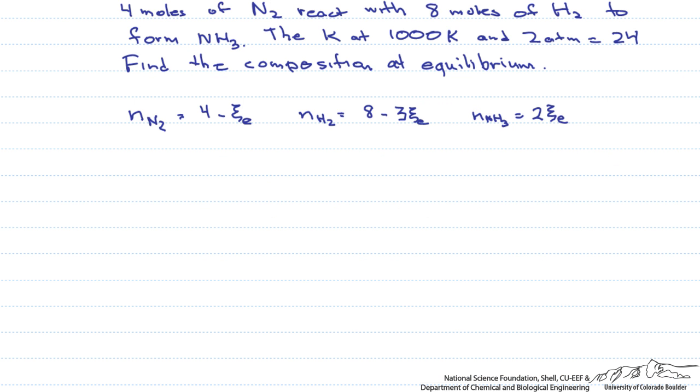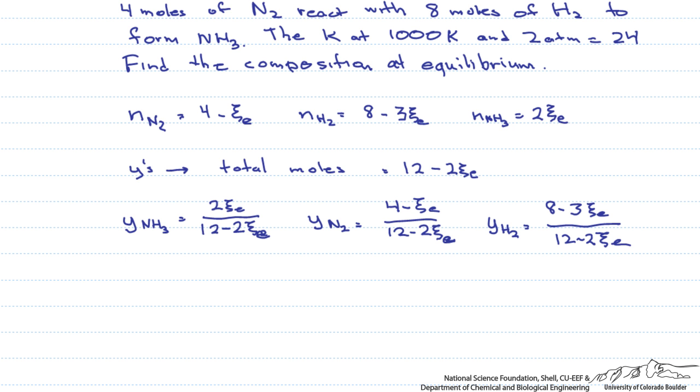Now let's set up the expression. Since we need the mole fractions, we're going to need the total moles. If we add these up, we end up with 12 minus 2 times the extent of reaction. Let's write all of the mole fractions in terms of the extent of reaction.